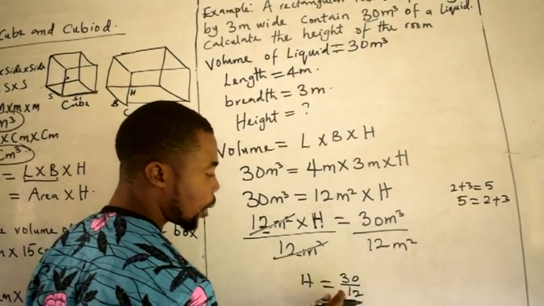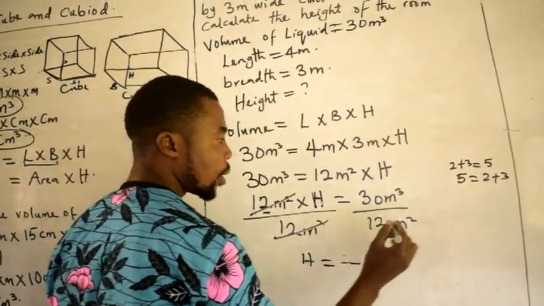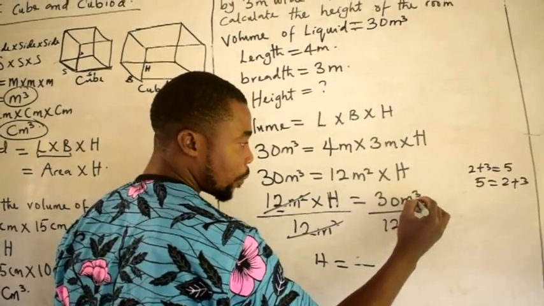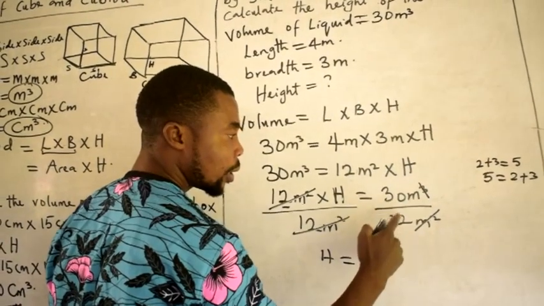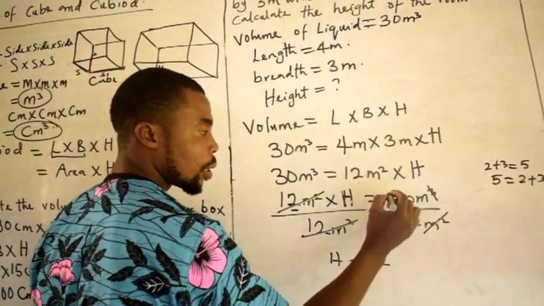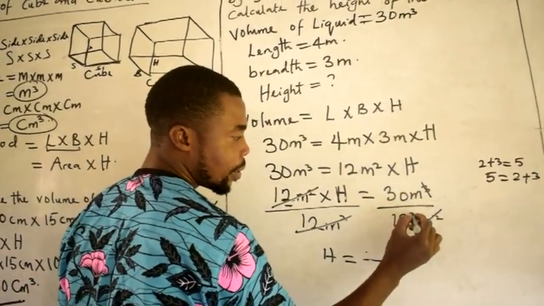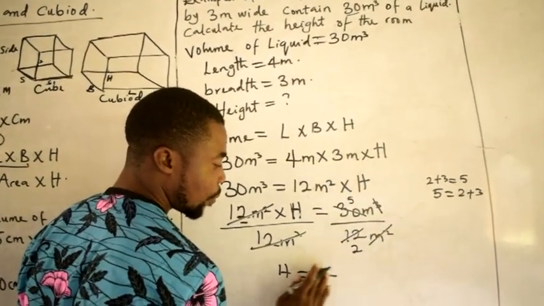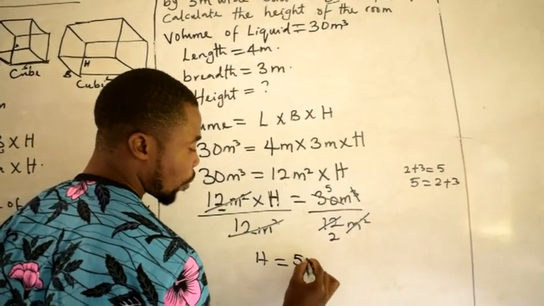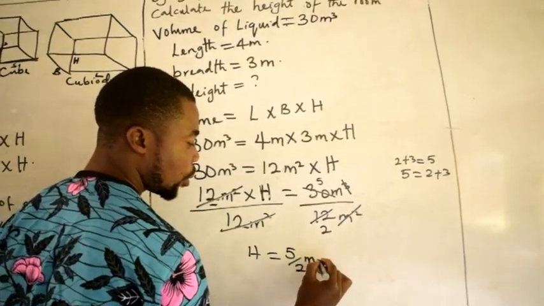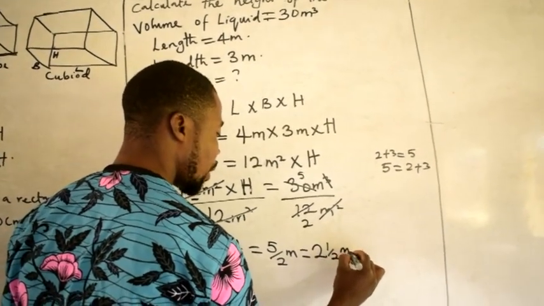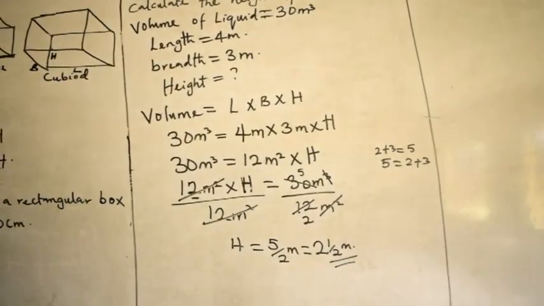Let me cut it down. 2 of the m cancels 2 out of 3, so it remains only 1 m. 6 can go here, so 5 over 2, which is 2 and 1 over 2 meters. That is the answer.